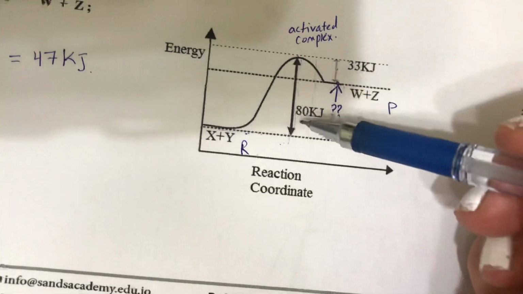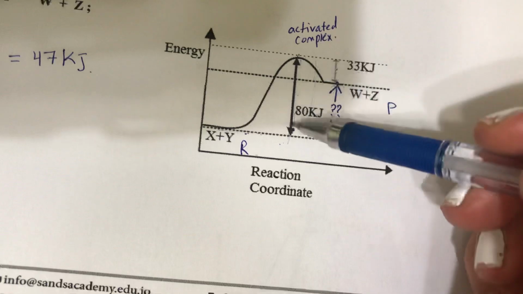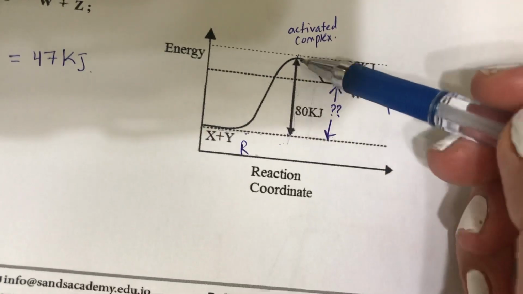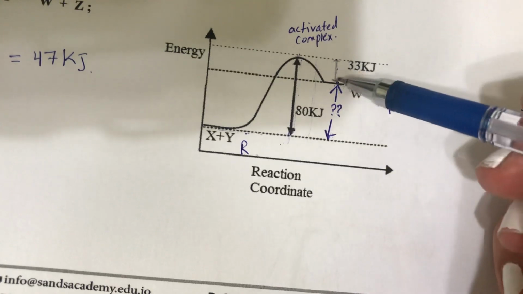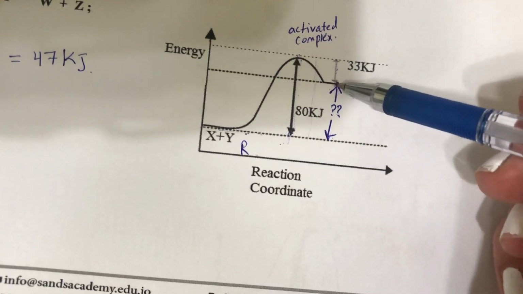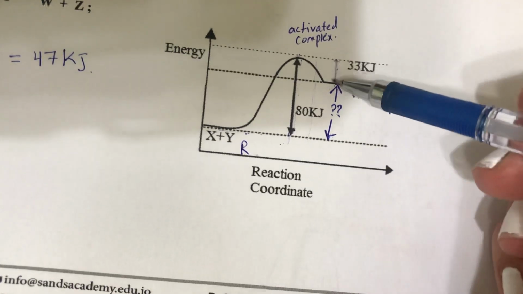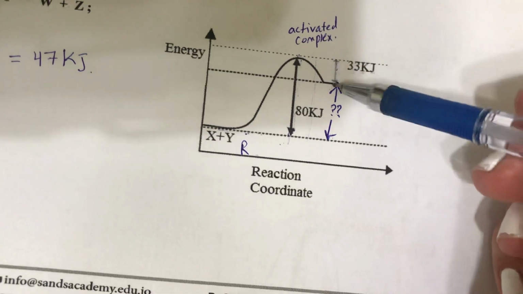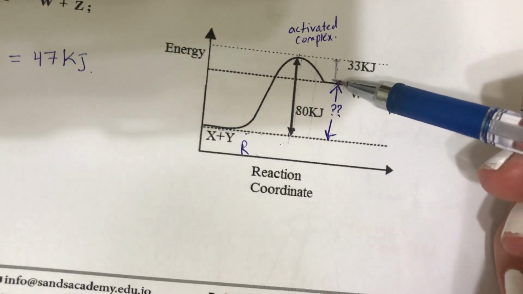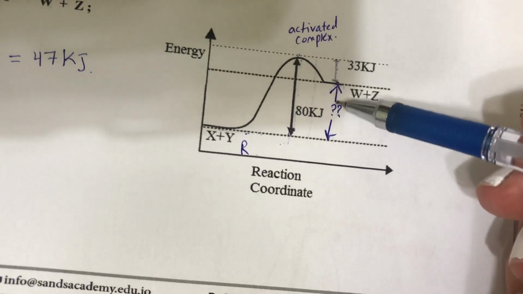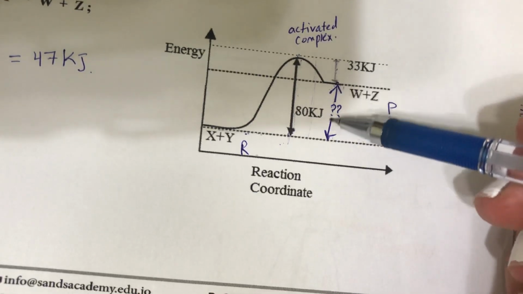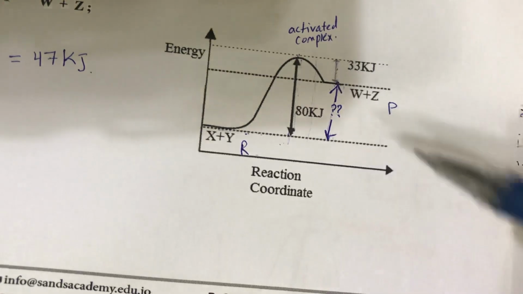So activation energy is the difference of energy between reactants and the activated complex. And for the reversed reaction, it's the energy difference between products and the activated complex. And delta H or difference in energy equals the difference in energy between a product and reactant.